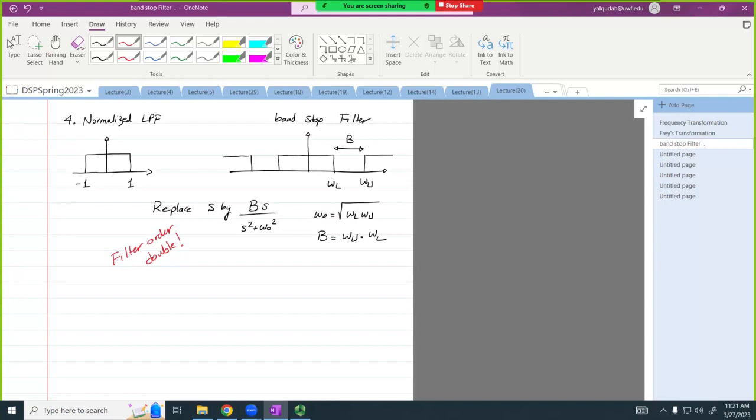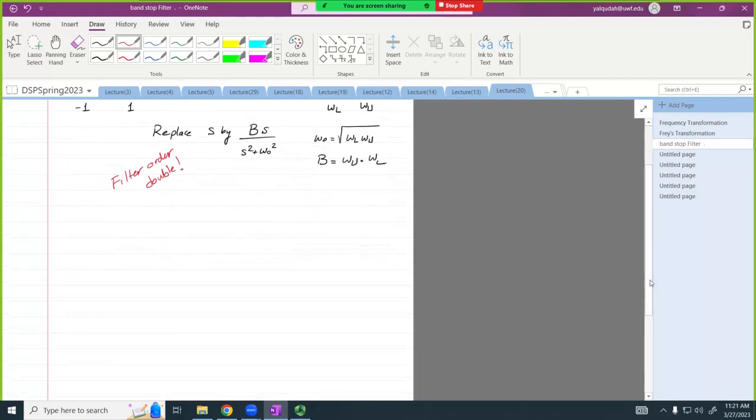So with this transformation, we can take any normalized low-pass filter, convert it to any of these filters, and then we can take this filter and convert it to a digital filter. So let's look at the design steps, and then we'll do some examples on designing the filter.